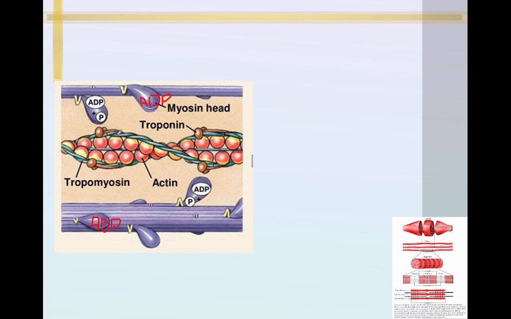They've just shown you the 2 that line up facing the thin filament here. Remember that there are 6 thin filaments surrounding this thick filament. So thin filament with the F-actin, the tropomyosin, and the troponin.